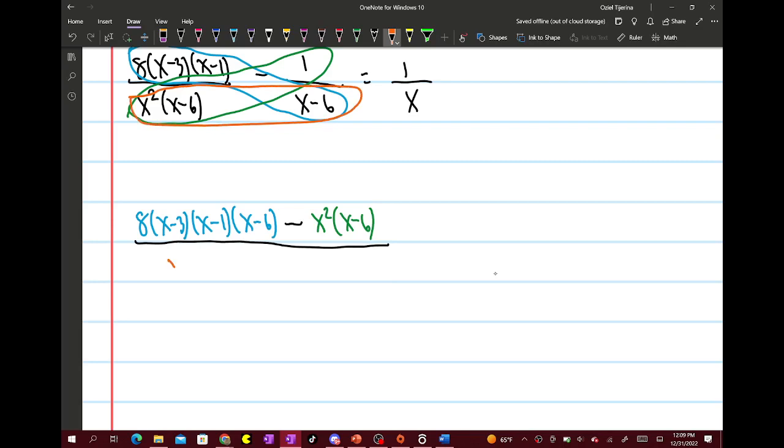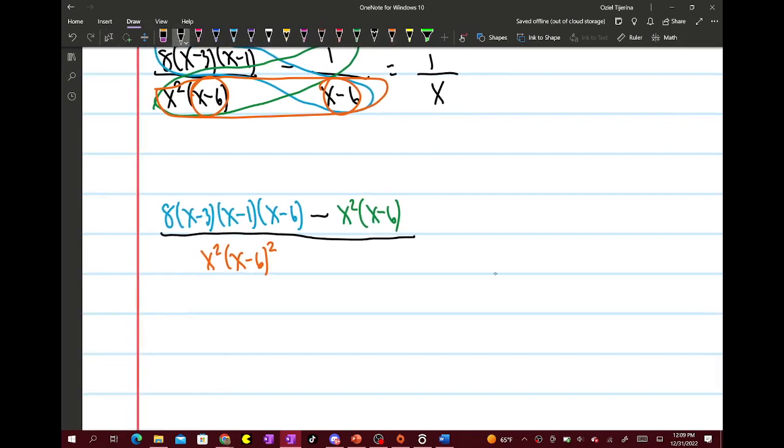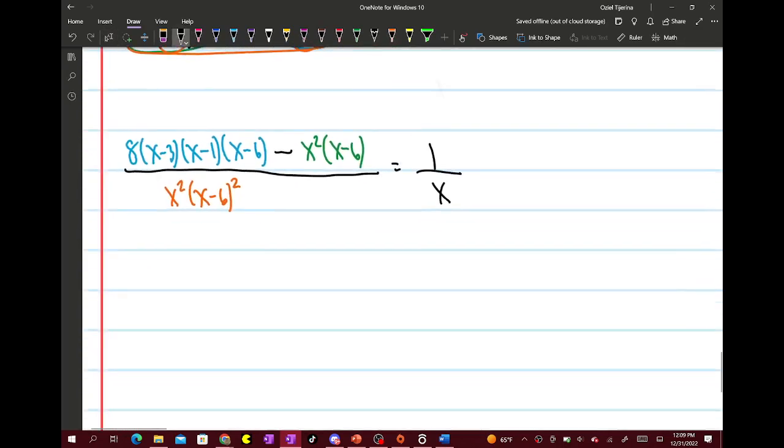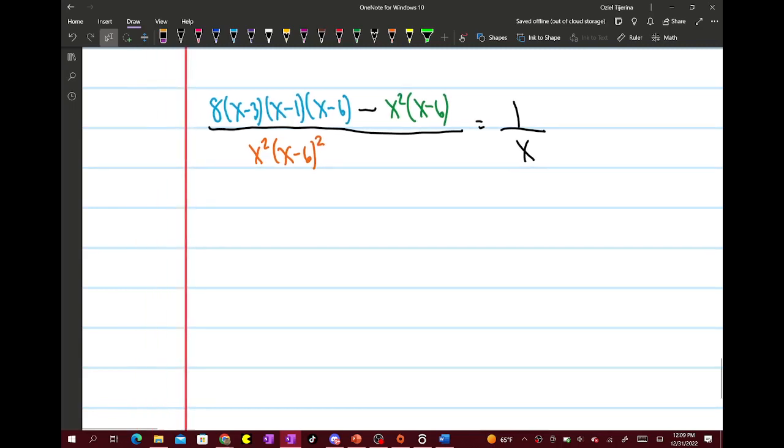So it's going to be x squared times (x minus 6) squared, because we have 2 of them, right? And then this is equal to 1 over x. So now it's a matter of just getting the common denominator. Now, there is one thing that I want to do. You can factor an (x minus 6) out of this.